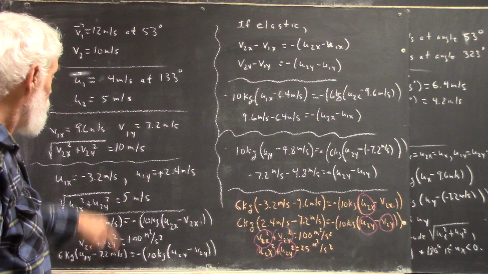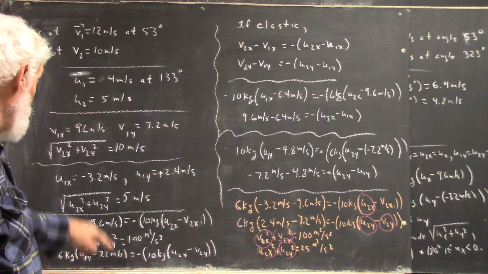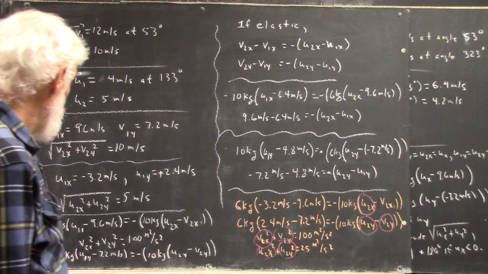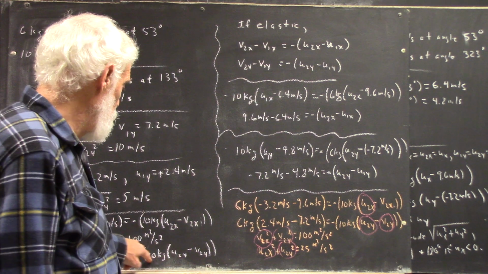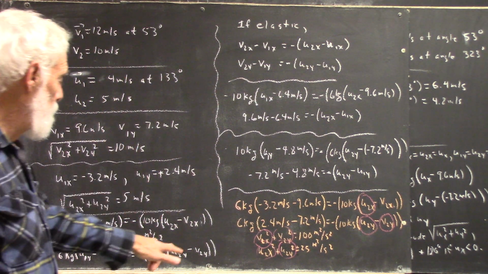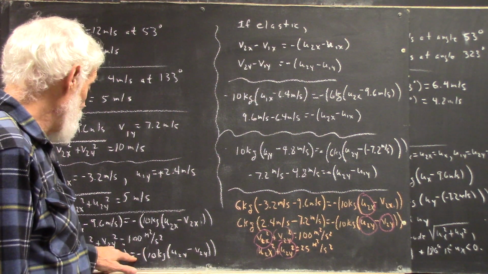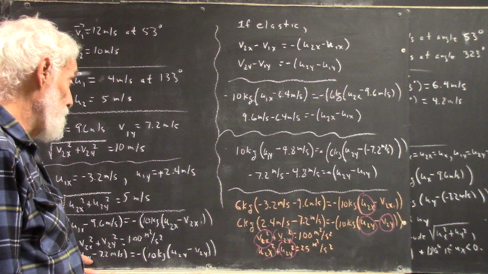The y component of the first object before collision and the y component of the velocity of the first object after collision. And we don't know u2y or v2y, so here's our change in the y momentum in parentheses of the second object, and that's got to be equal and opposite to the change in y momentum of the first object.